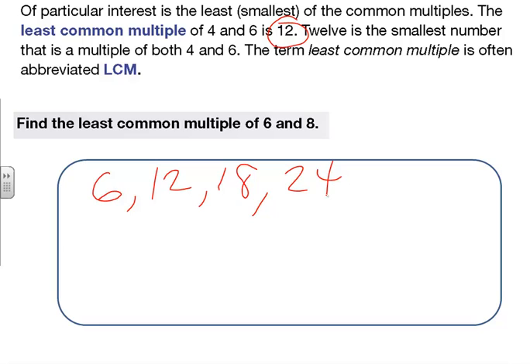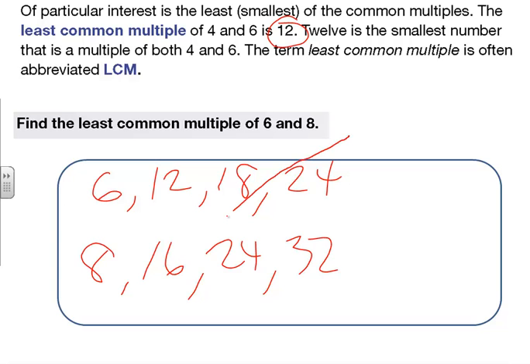I don't know if we need to do any more. Let's do the 8 now. 8 times 1 is 8. 8 times 2 is 16. 8 times 3 is 24. 8 times 4 is 32. So we can now see that our very first common multiple is our least common multiple, 24.